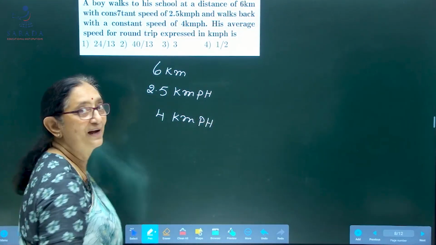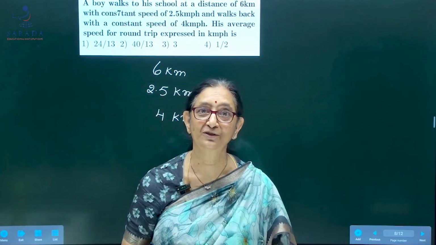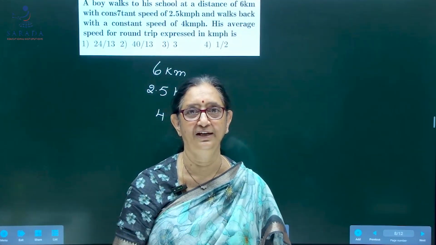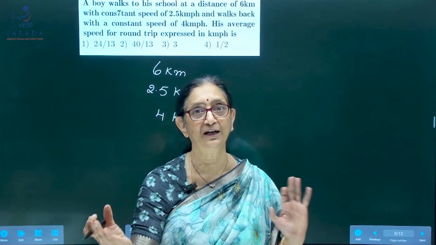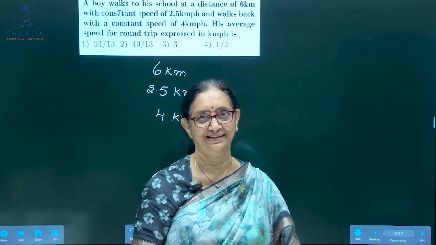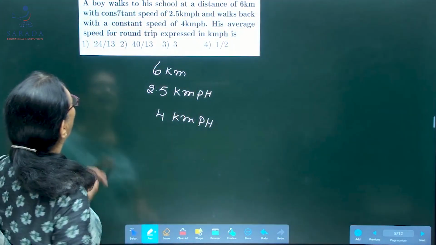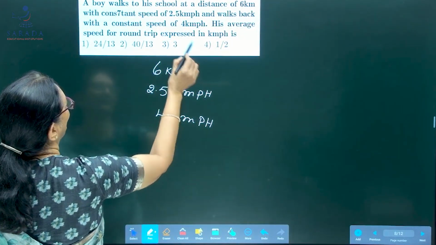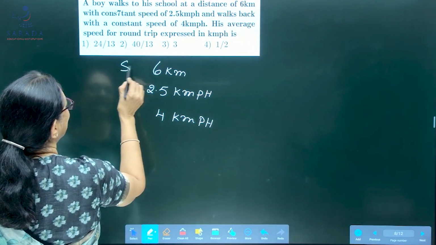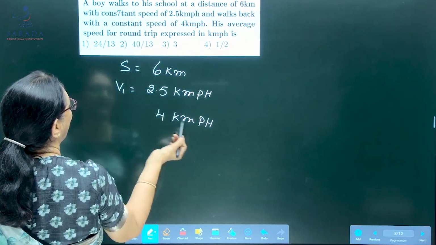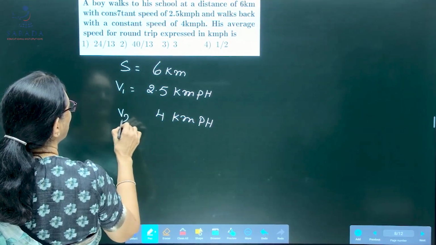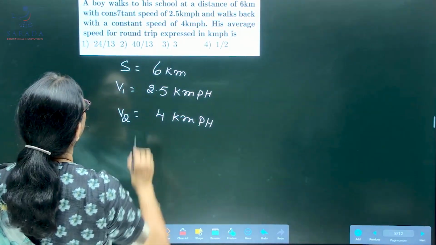Look how smart the boy is. He is going slowly to the college and walking back very fast from the college to the house. So, a boy walks to his school at a distance of 6 kilometers with a speed of 2.5 kmph and back with a speed of 4 kmph.